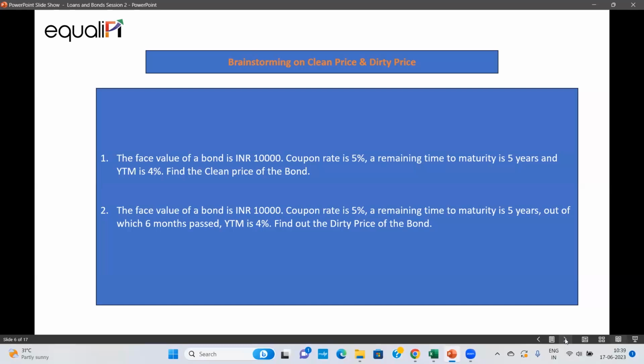So what happens is that for a clean price, you don't have accrued interest. For the dirty price, there is an accrued interest of how many months? 6 months ideally, right? Correct. So now quickly find it out. What would be the clean price and what would be the dirty price of this?